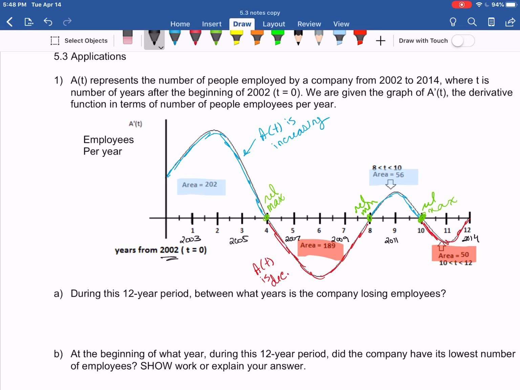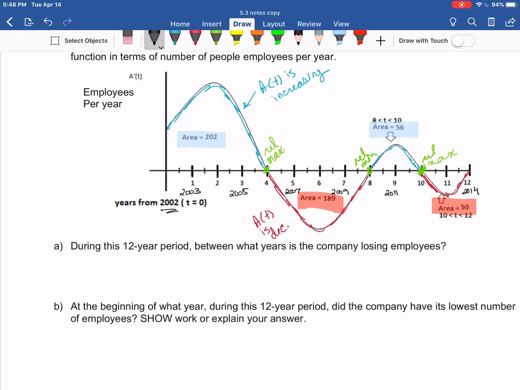All right, let's go. During this 12-year period, between what years is the company losing employees? And so that means that the function A would be going down, right? If you're losing employees, your function is going to be going downwards. So that would be between t equals 4 to t equals 8, and then from t equals 10 to t equals 12.